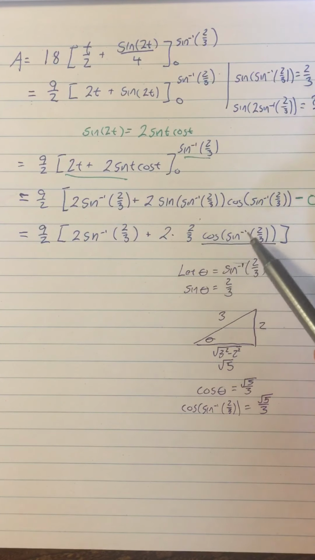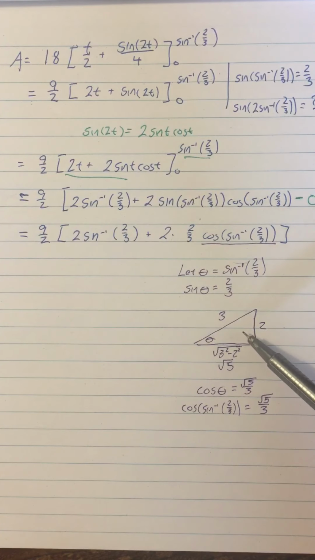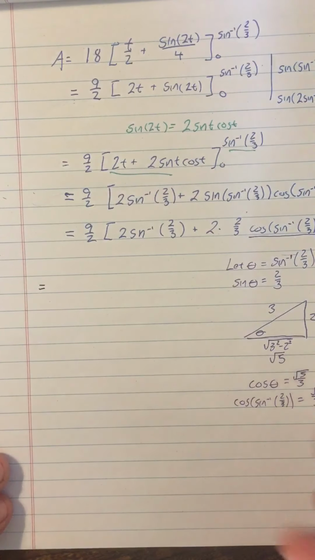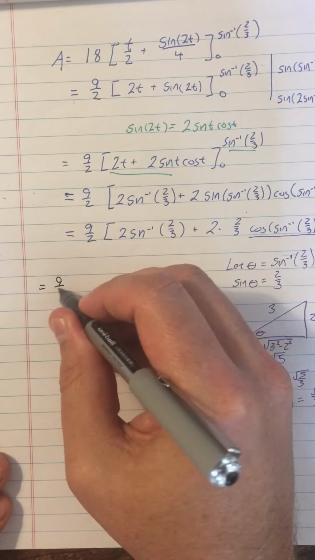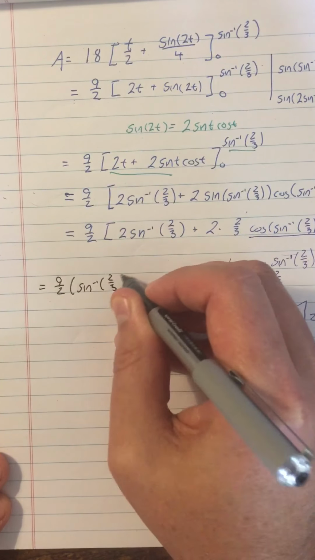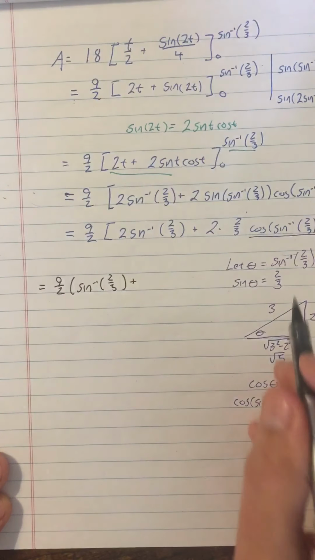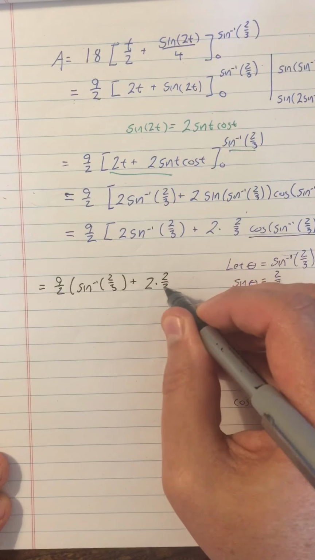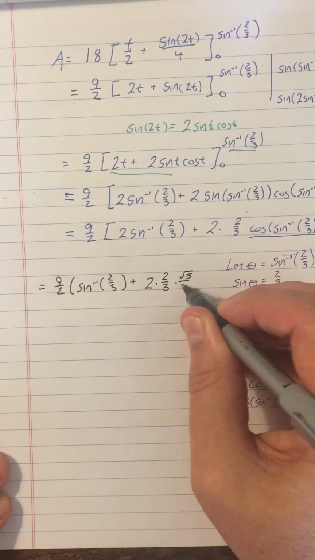If you see two trig functions, one's inverse, one's not, draw a triangle and work out what this expression should represent. All right, so now I have up here 9/2 times the inverse sine of 2/3 plus, okay, so I guess I'm going to write out 2 times 2/3 times square root 5 over 3.